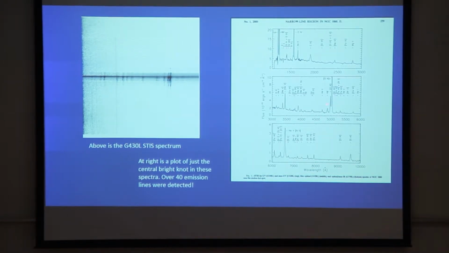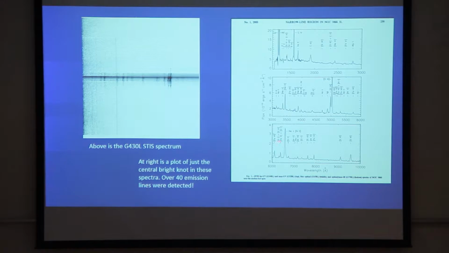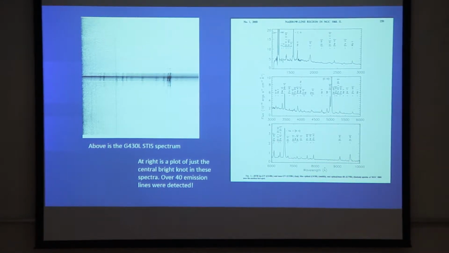So here, oxygen 1, it's neutral. It's a neutral forbidden line. That's unique as a strong line to AGNs. And that line is produced in neutral hydrogen gas, or partially neutral hydrogen gas, where there is extra heating due to X-rays.